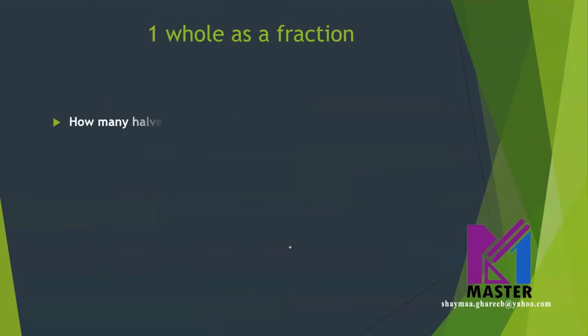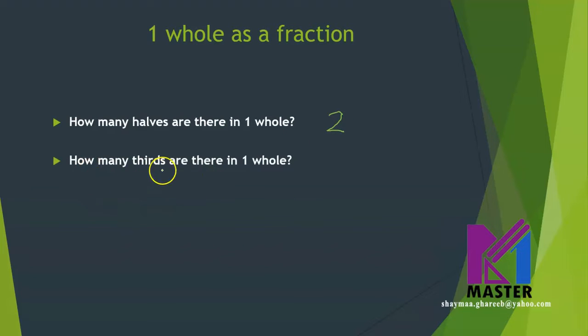Now, let's go to the next. How many halves are there in one whole? Think, how many halves are there in one? Yes, there are 2 halves. Excellent. Now, how many thirds are there in one whole?